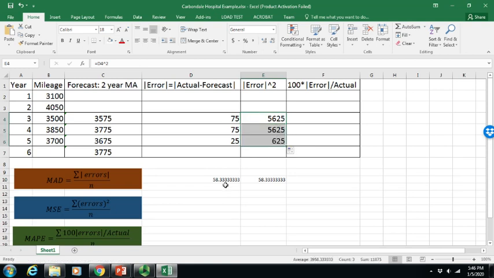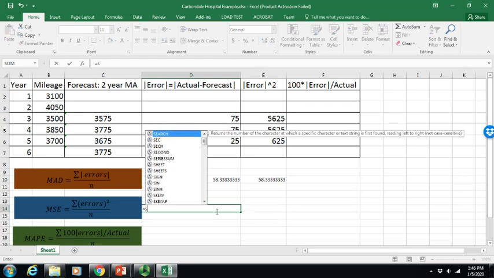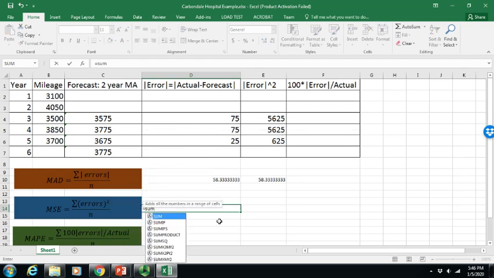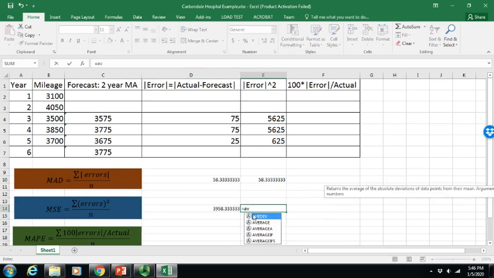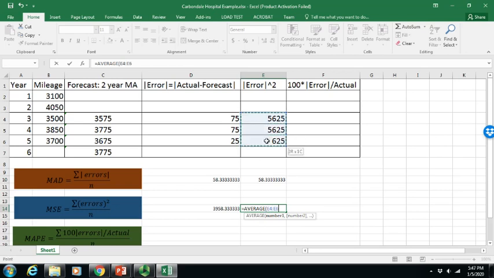So we have 3 numbers. So again, we can do the sum of these 3 numbers and then divide by 3. Or again, do the average. Same result. Average of these 3.